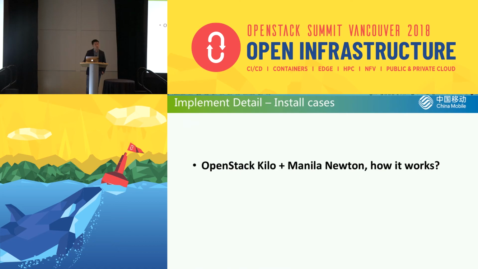Is this code on GitHub or anything, or is it entirely private currently? My question is, is this open source code that you have, even if it's not part of the upstream Manila project? You've forked the project. You've done all kinds of great stuff.